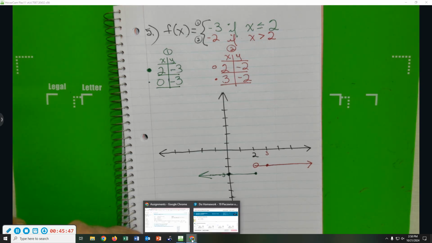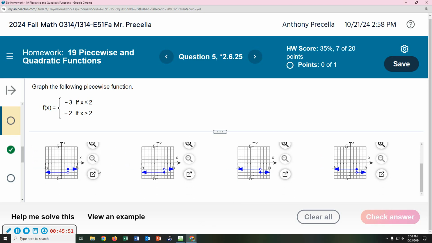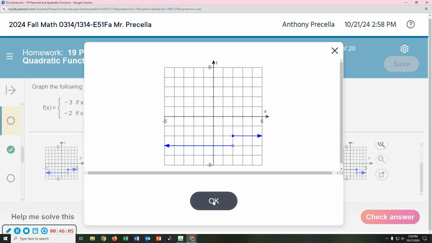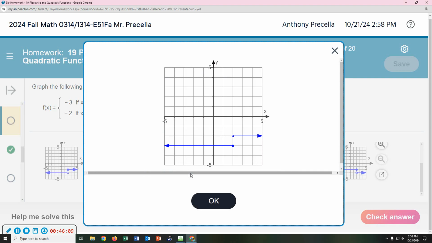Let's look at the answer choices. A, let's see. Is it A, yes or no? Be careful, for a second I thought it was, but look at the open and closed circles. I think they've reversed the open and closed circles, haven't they? So it's not that one. B, what do y'all think? Is that it? I think it is.